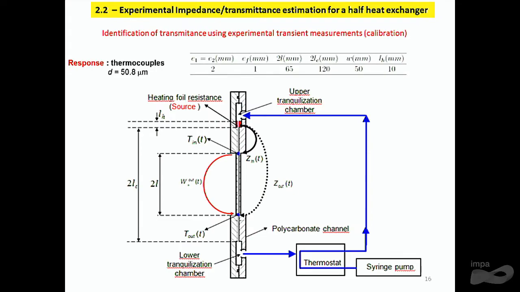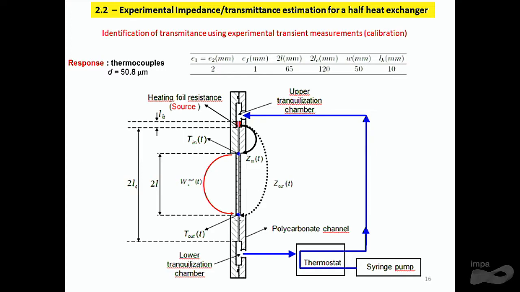So now it's an experiment. It's Wasim Al-Haddad, I forgot to mention, a former PhD student in my lab. He did the experiment. You have here a small channel. You see the dimensions: a 1 millimeter channel between 2 millimeter walls on each side, in polycarbonate.